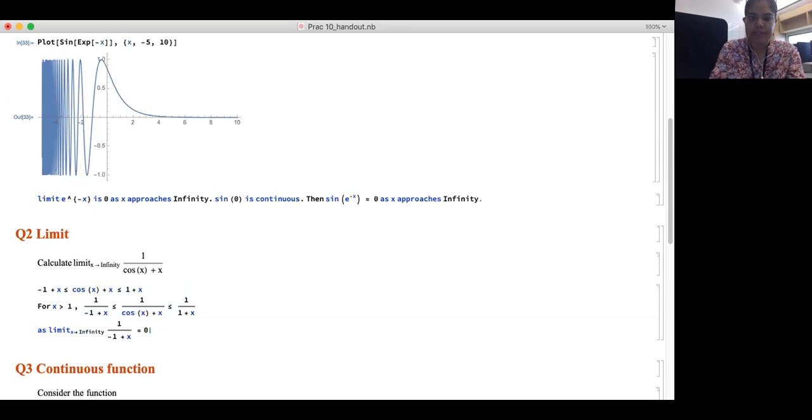Okay, what is this concept called? Is that the intermediate value theorem?